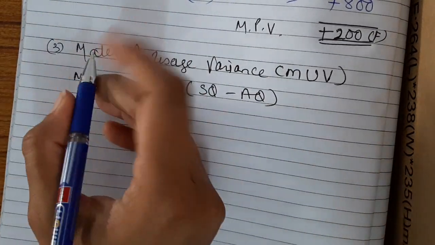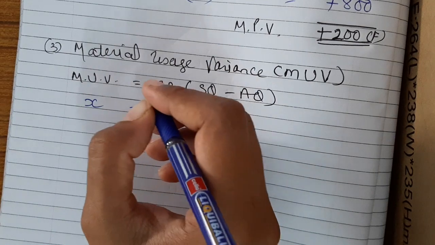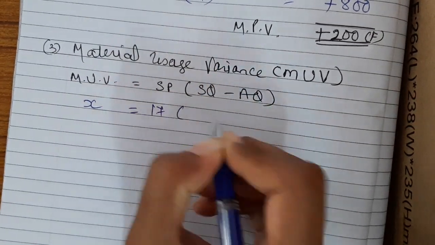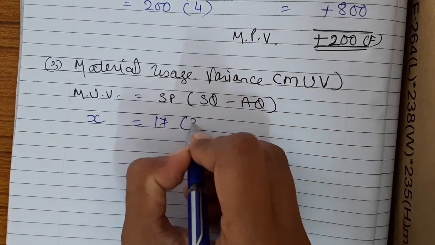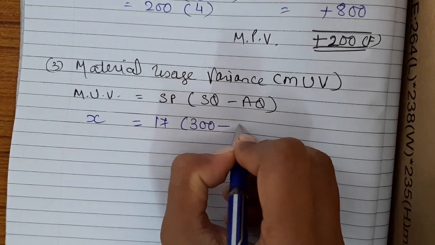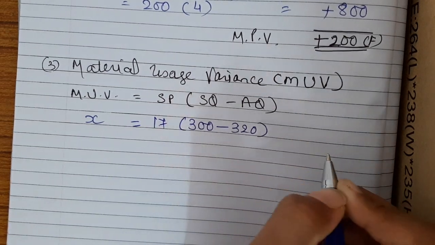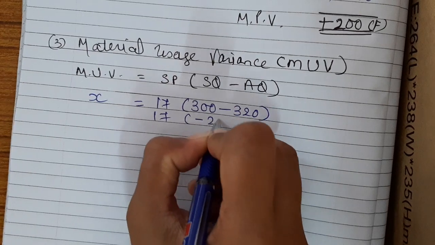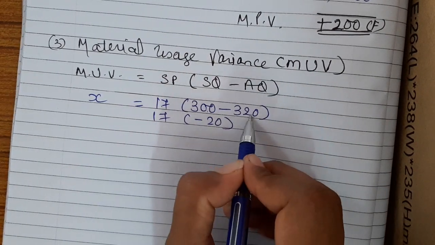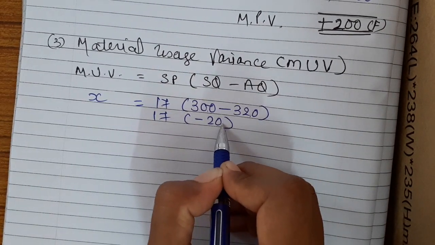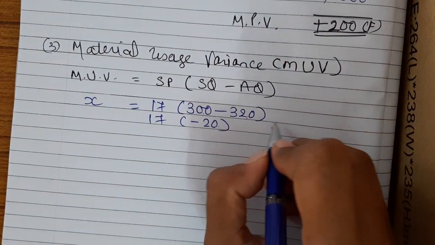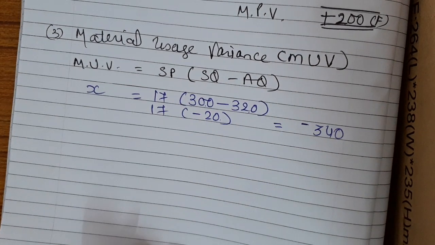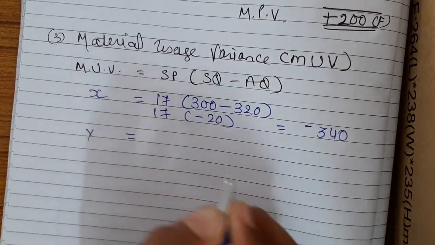For X, the standard price is 17, standard quantity is 300 and actual quantity is 320. So 17 into bracket negative 20, because 300 minus 320 is negative 20. So the answer will be negative 340 for X.